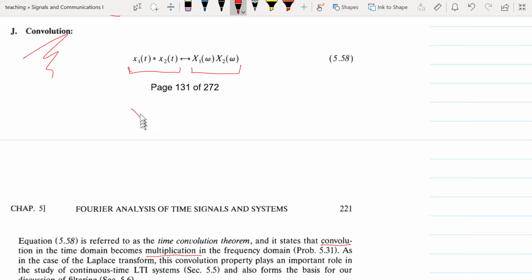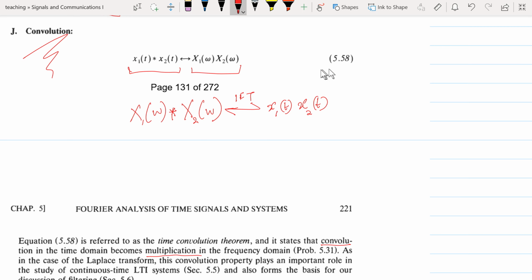If you do it the other way round, convolution in frequency domain, through the inverse Fourier transform, will be equivalent to multiplication of x1 of t times x2 of t.